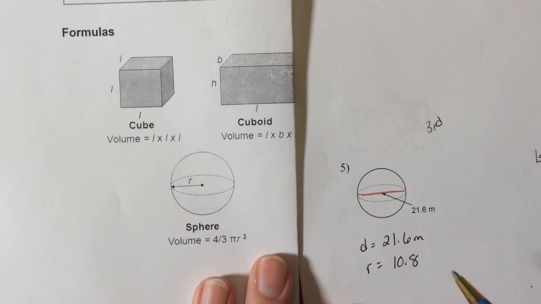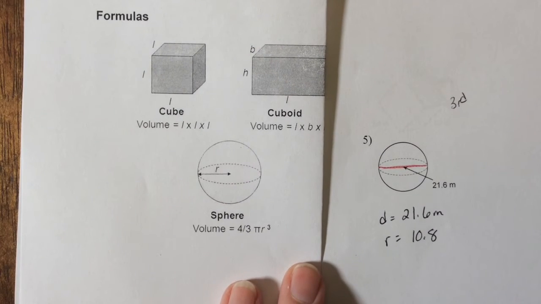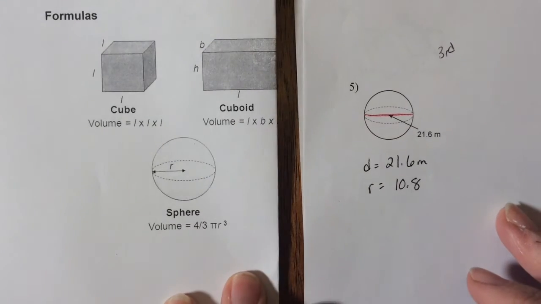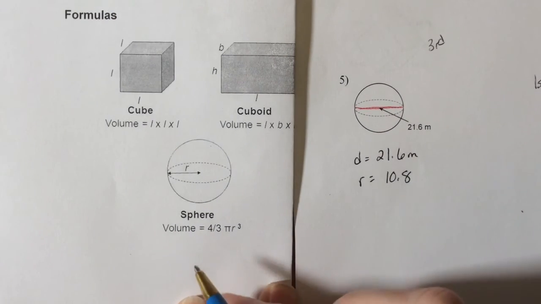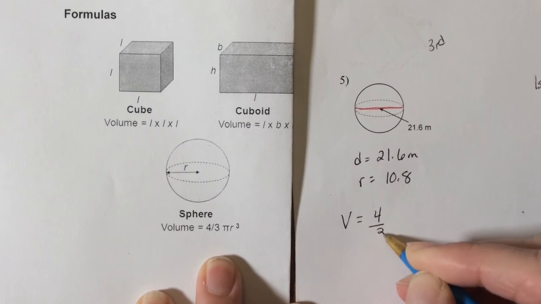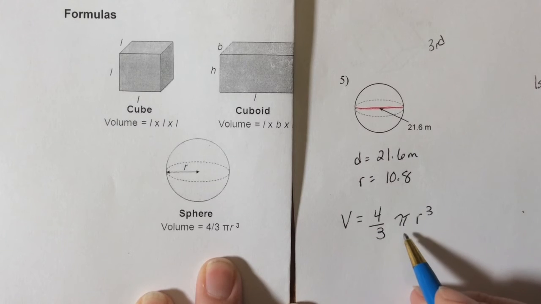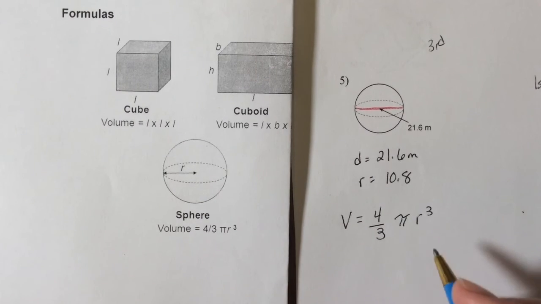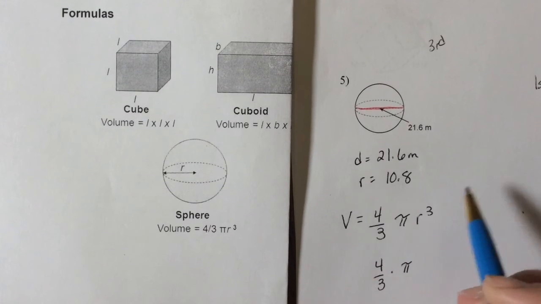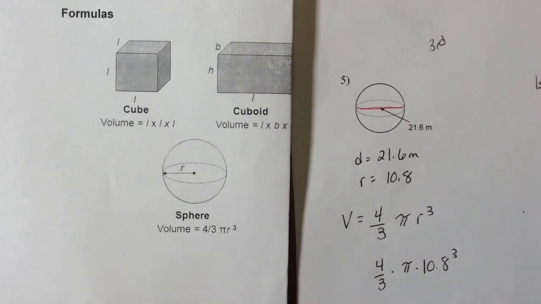Be careful on these cylinders and spheres because they might give you the radius or the diameter, and you have to be careful which one they gave you. Okay, so I'm going to write down the formula: four-thirds pi r cubed. I'm going to plug in 4/3 times pi, and the radius 10.8 cubed.